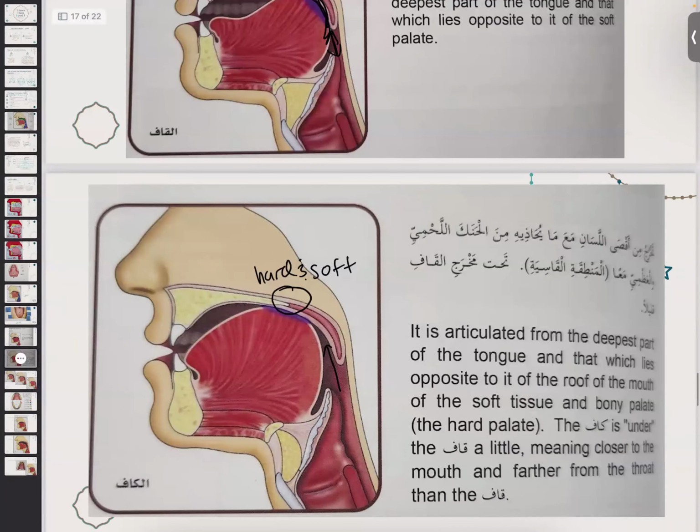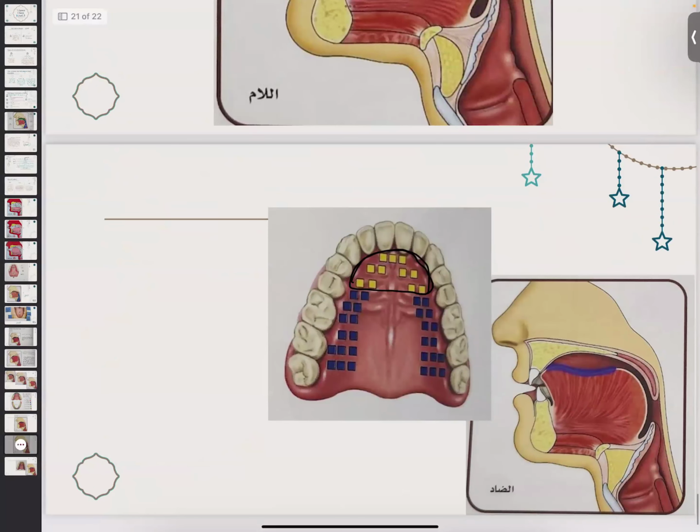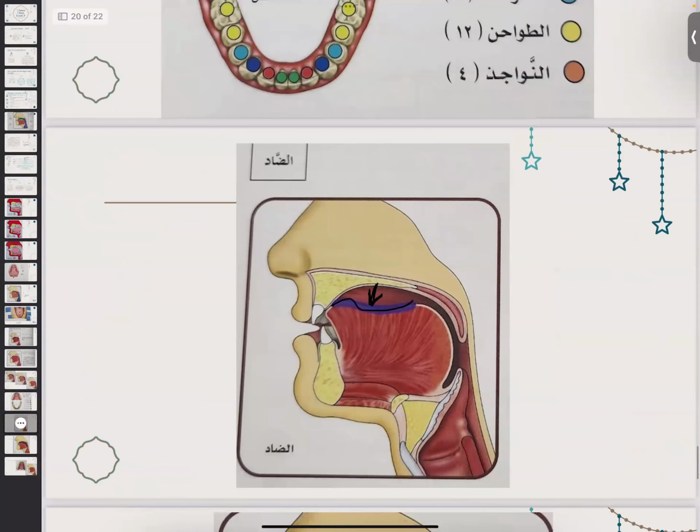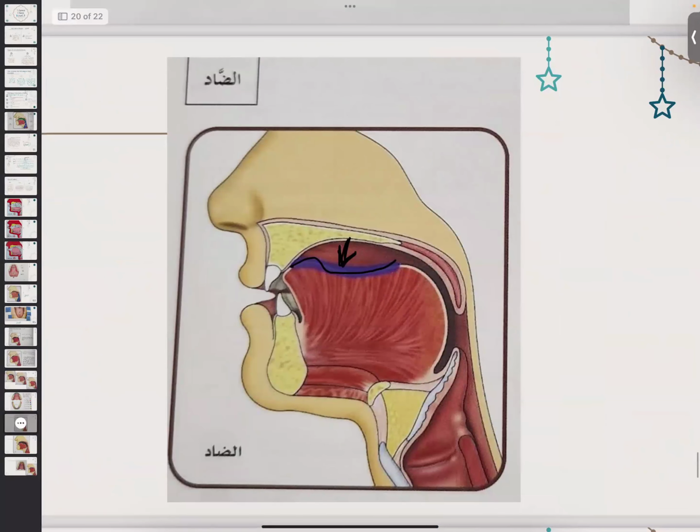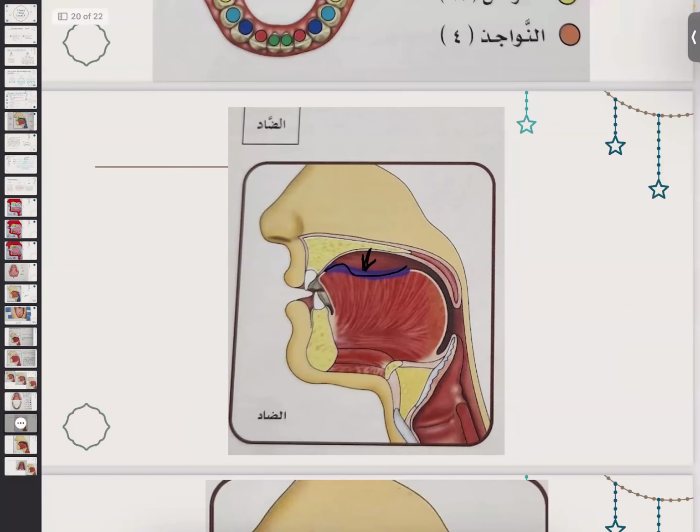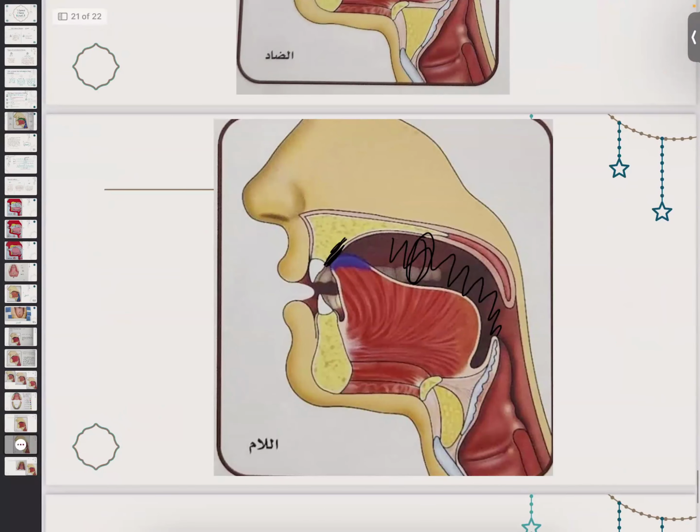I think. Yeah. Here, I'll put a picture of dad right here. Okay. And then we said we pronounce lam, I mean, the tip of the tongue touches the roof of the mouth.